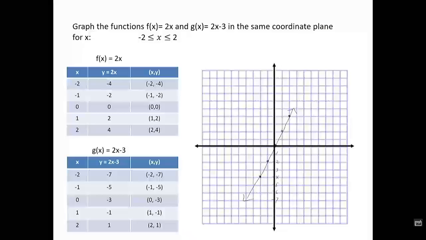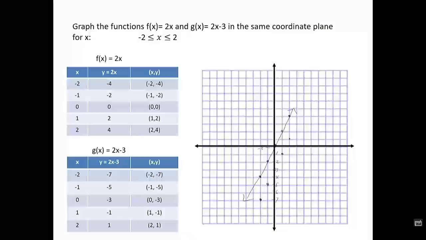The first ordered pair is (-2, -7). (-2, -7) is here. (-1, -5) is here. (0, -3) is here. (1, -1) is here. And the last ordered pair, (2, 1).